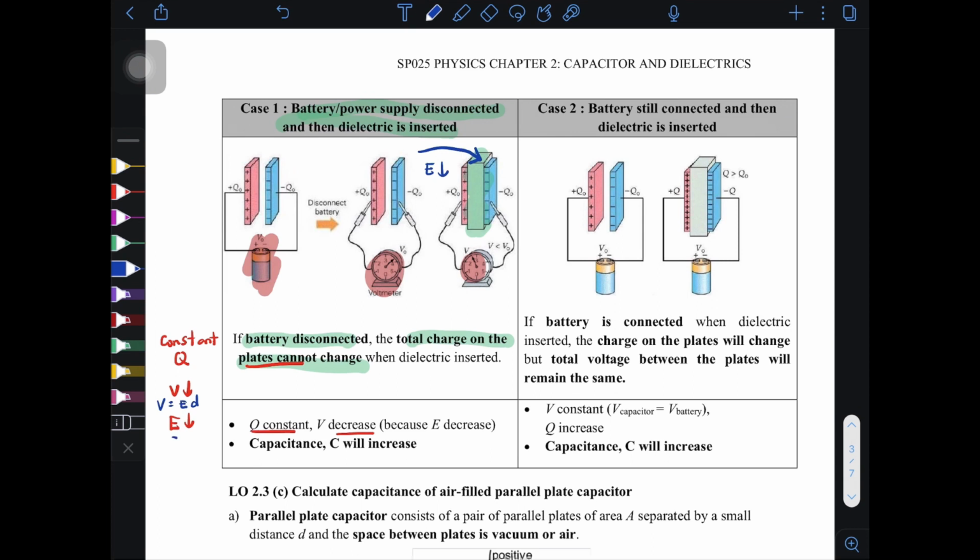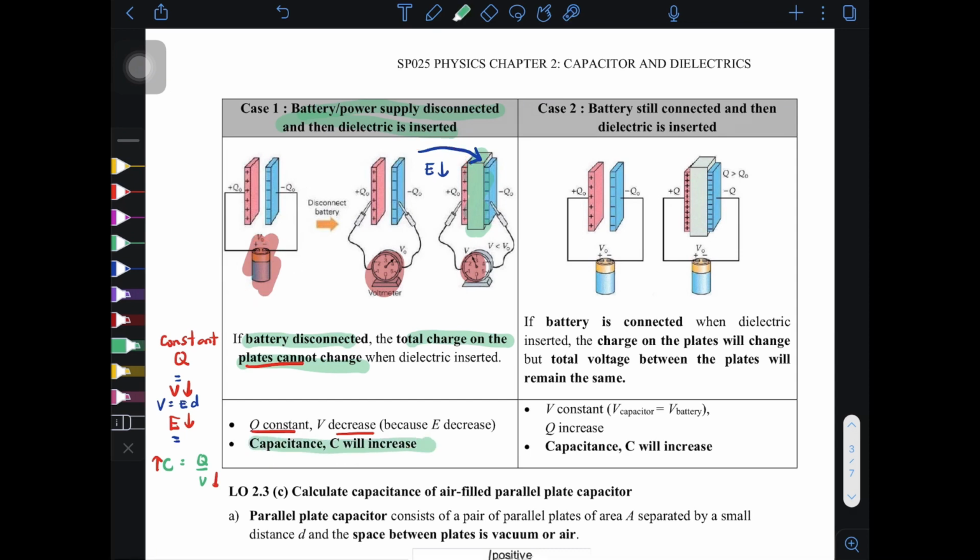So bila E berkurang, V juga akan berkurang. So bila V berkurang, we know the relationship that C is equals to Q over V. So bila V berkurang, C akan increase. So walaupun kita dah remove power supply, kita masuk dielectric materials, C-nya akan tetap increase.